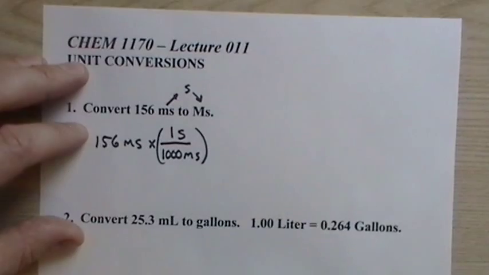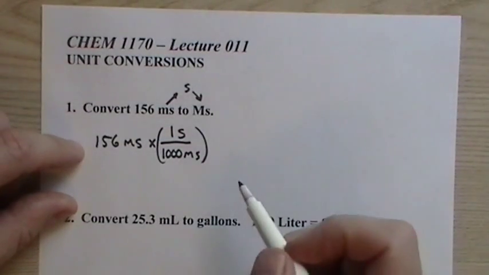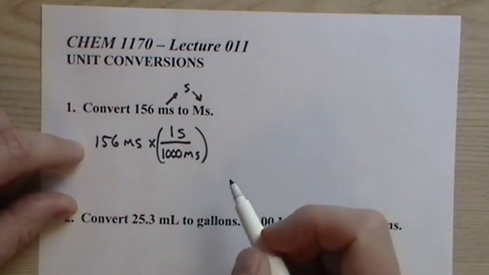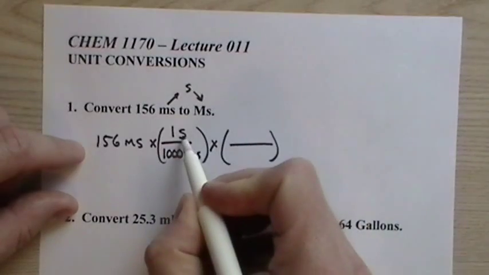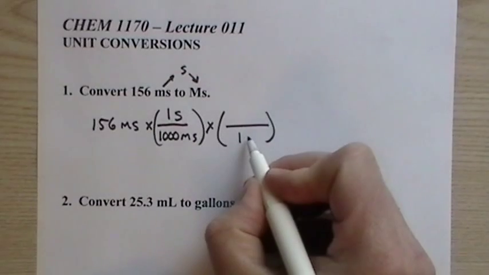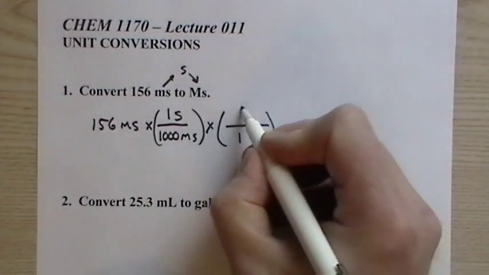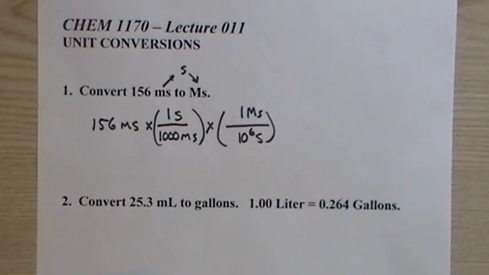I normally try to avoid any kind of negative scientific notation or exponents that are negative. That's just my choice. And then we have seconds, but that's not what we're after. We want megaseconds, so seconds will be on the bottom here. And 1 megasecond is 10 to the 6th seconds.